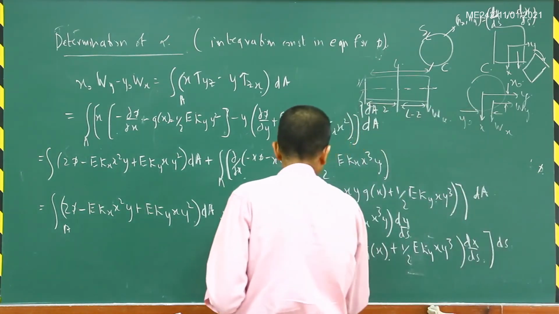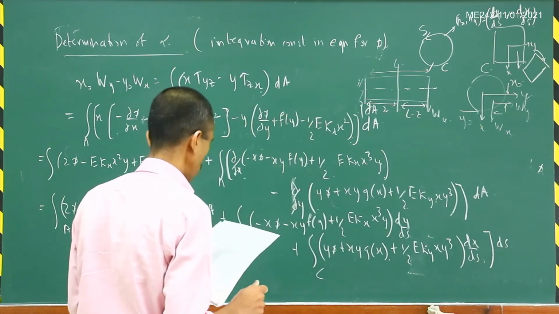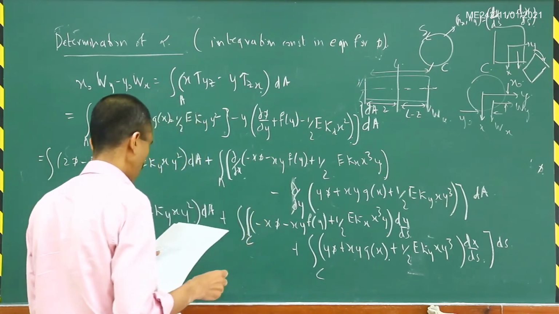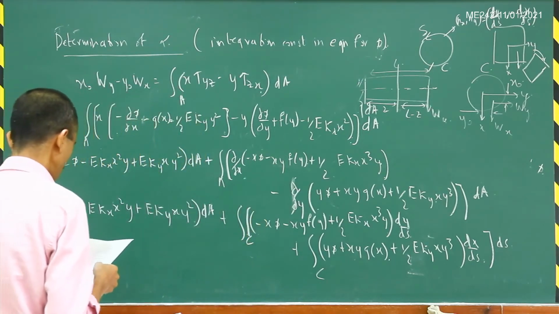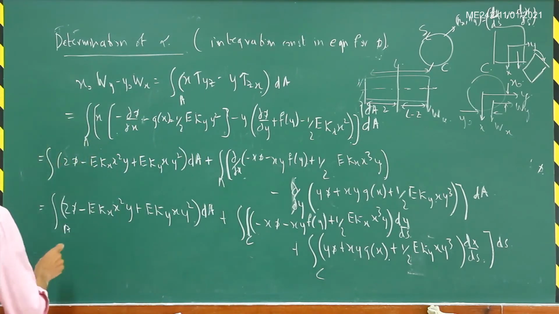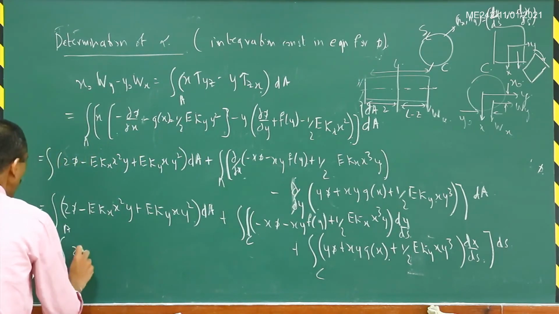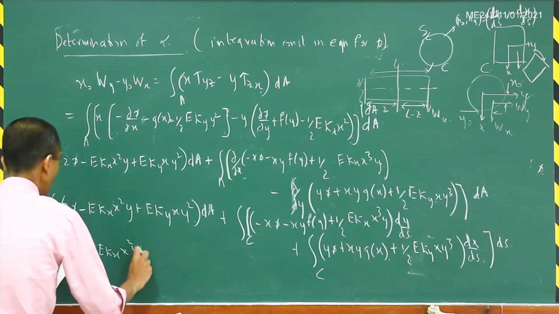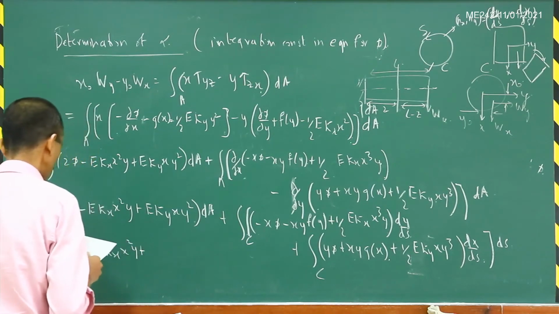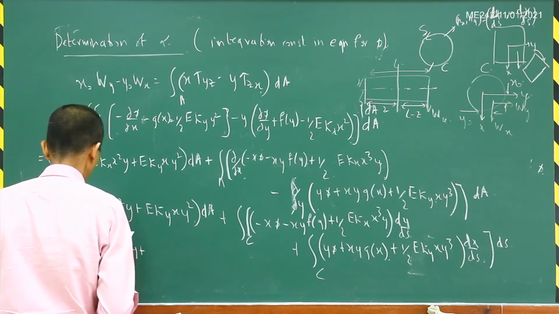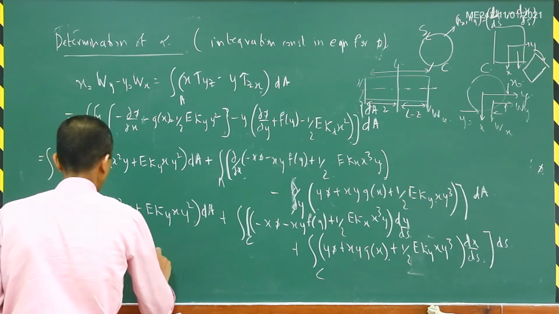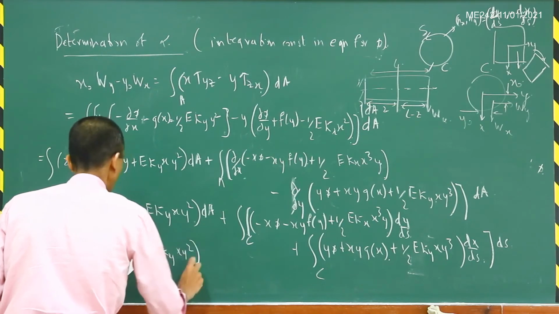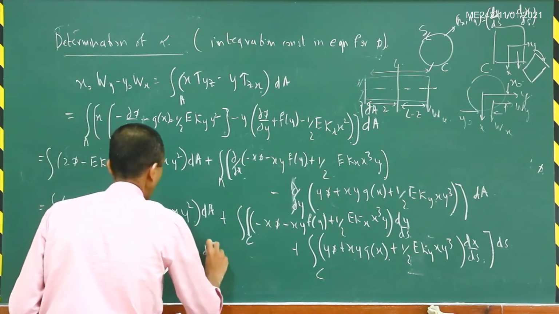These are all contour integrals here, and so what we will get on simplifying these particular expressions is that this is equal to the integral of 2 phi minus e kappa x times x square y plus e kappa y times xy square, the whole thing times d.